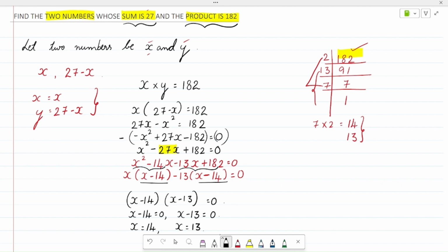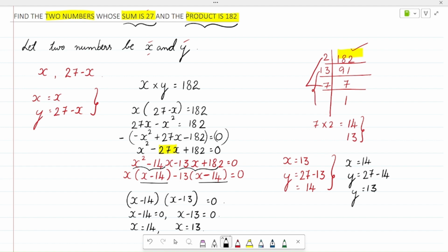So how does it go now? Very, very simple. Suppose x is 13, then I know y is 27 minus 13, which is 14. Or in the other case, if I consider x as 14, y is 27 minus 14, so y equals 13.